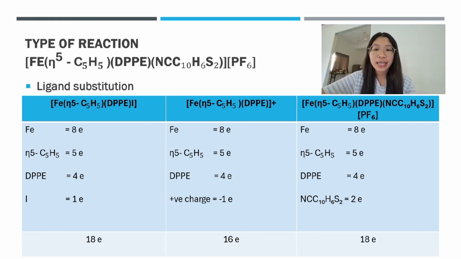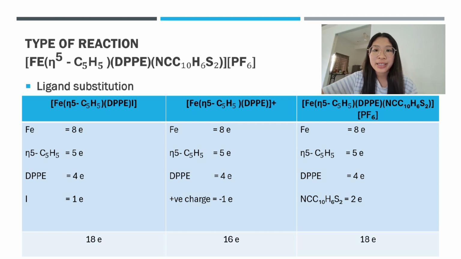Next we get into the type of reaction of this compound. According to the process that we have discussed just now, the reactant is the parent neutral complex, which does not have the nitrile ligand, but does have the iodo ligand. In this state, the iodo ligand contributes 1 electron, and finally we achieve the 18 electron rule in the first reactant.